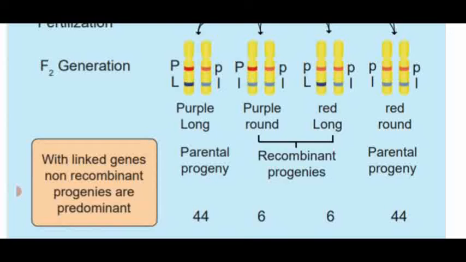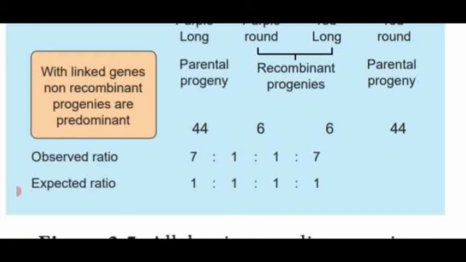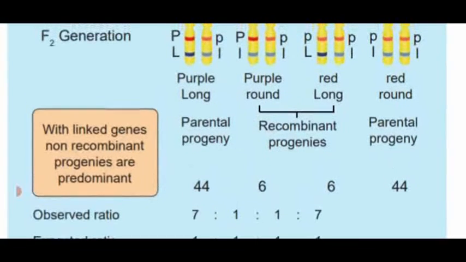According to the test cross, we have to get the ratio 1:1:1:1, isn't it? The expected ratio is 1:1:1:1, but the observed ratio varies.